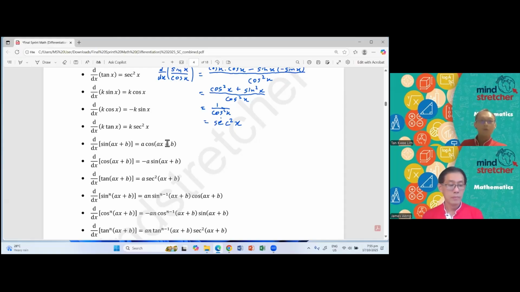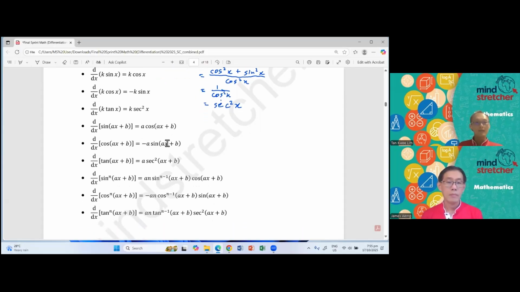Okay, and then similarly for cosine, the differentiation of cosine of ax plus b will be equal to negative a sine of ax plus b, and the next is d/dx of tangent of ax plus b. That will give me a secant square of ax plus b. Okay, and following that, this is going to be a slightly tougher kind of chain rule.